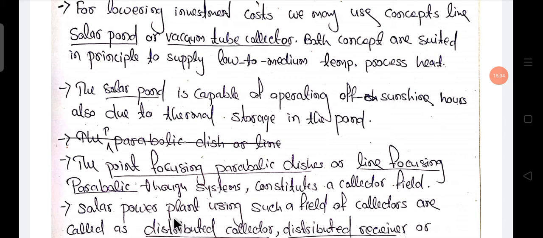Okay, and the point focusing parabolic dish or the line focusing parabolic dish system should consist of a collector field. We can also use concentrating collectors for the solar power plant. There are two types of solar concentrating collector: one is point focusing collectors, and one is line focusing collectors, and both consist of a collector field, which is collecting the solar energy.